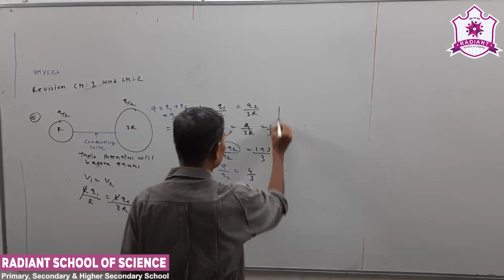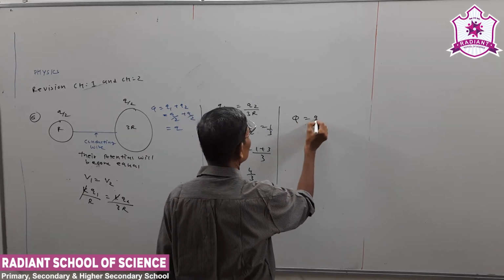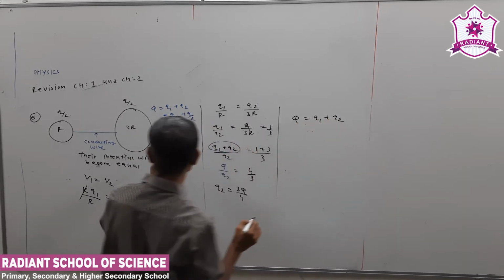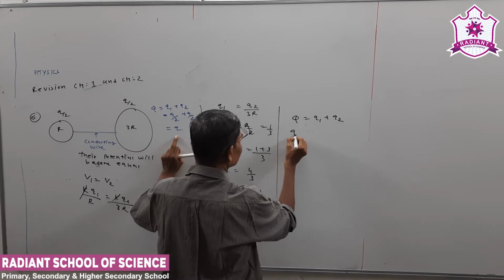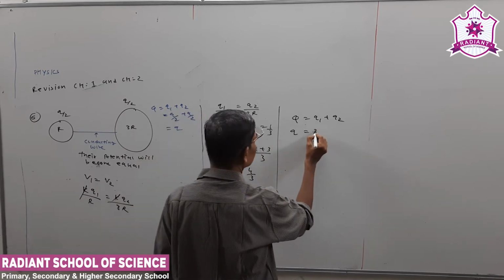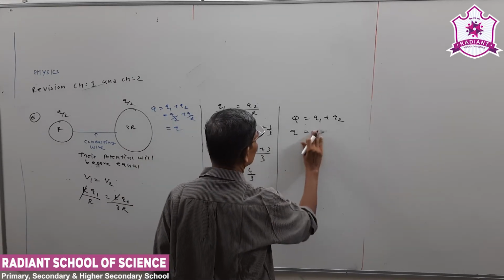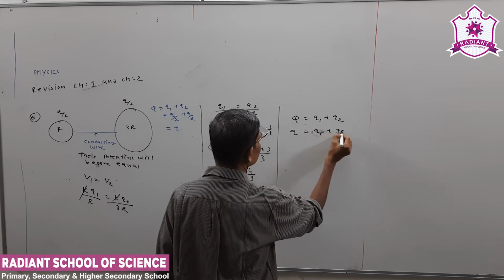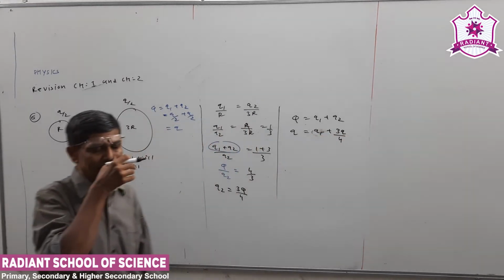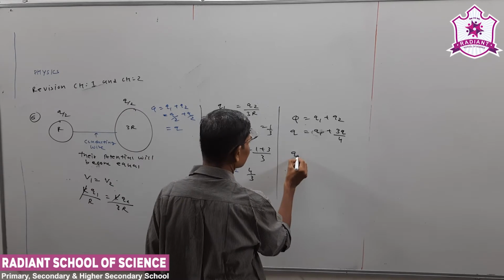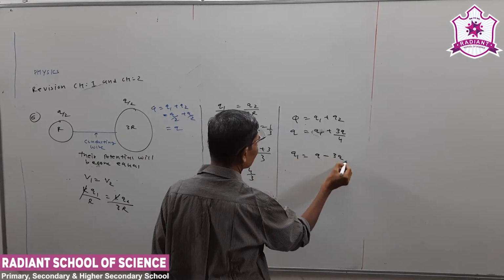Now here, total charge Q is equal to Q1 plus Q2. Q we have obtained, Q2 is known, Q1 we have to obtain. So Q1 is Q minus 3Q by 4.